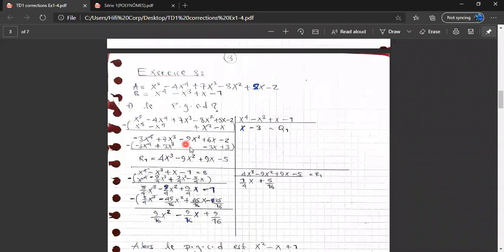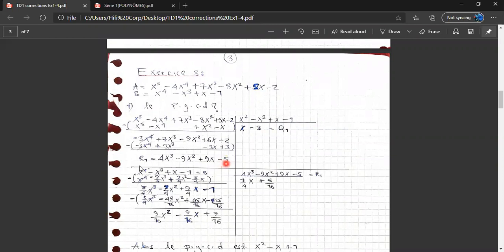Negative 9x squared minus 0 to be negative 9x squared. This minus this, so to be 6x. This will be distributed, plus 3x is going to give us what? 9x. This negative 2 minus 3 to give us negative 5.